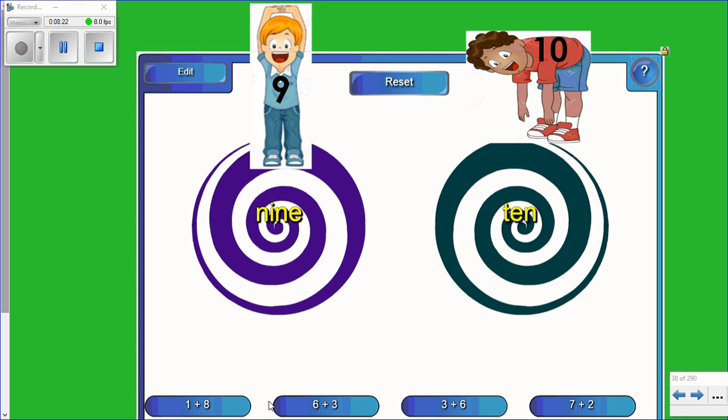Ready? 6 plus 3. Stretching up for 9. Ready? 2 plus 8. Stretching down for 10. Ready? 7 plus 2.